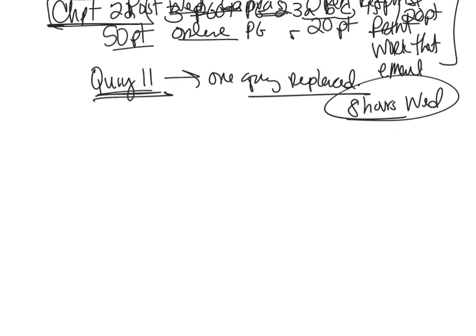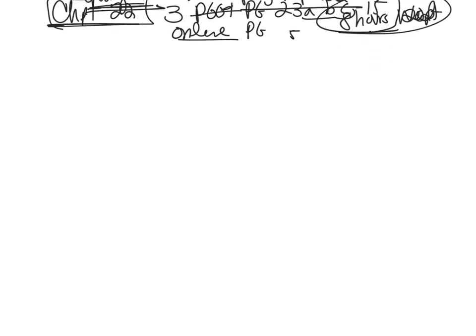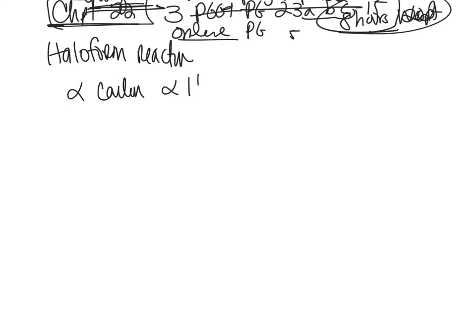All right, so let's talk about today's reaction. And hopefully you'll get a reaction sheet, but this is called the haloform reaction. And what does it do? So we know that the alpha carbon has alpha hydrogens that are acidic.